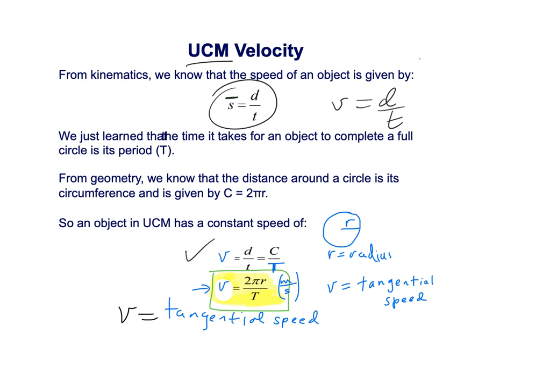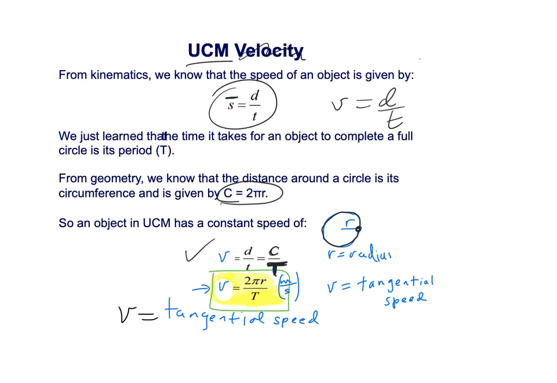Now if the time is the period, the distance traveled will be the circumference. To go around once in a circle, you just travel the circumference, which is 2 pi r. So the time it takes to travel one circumference gives the tangential speed.